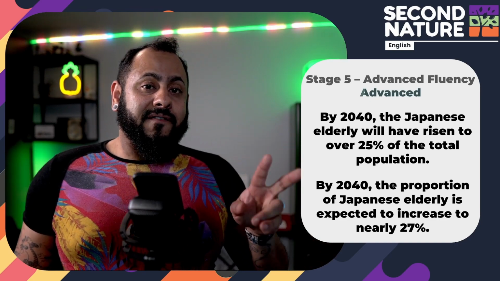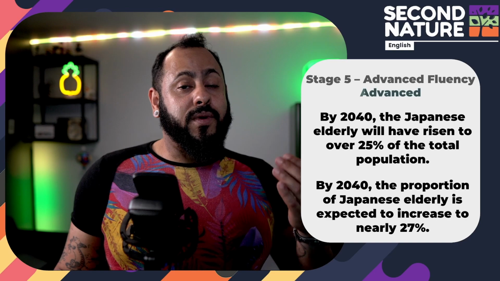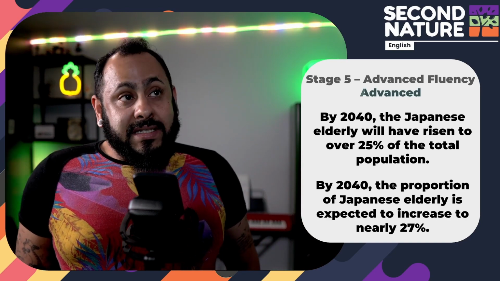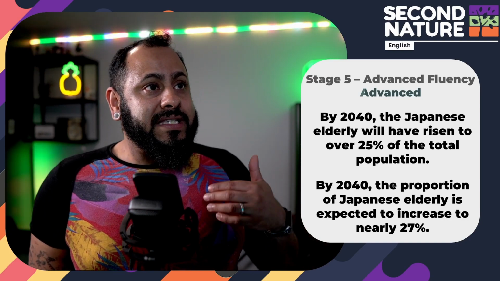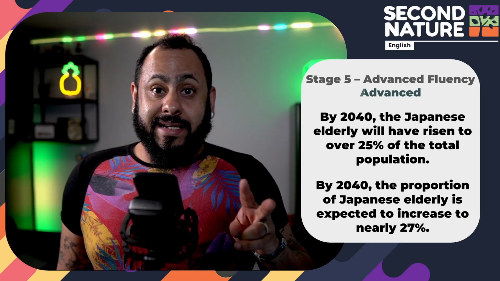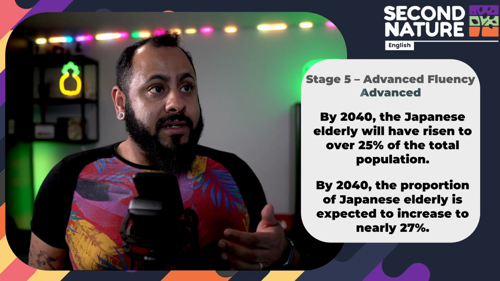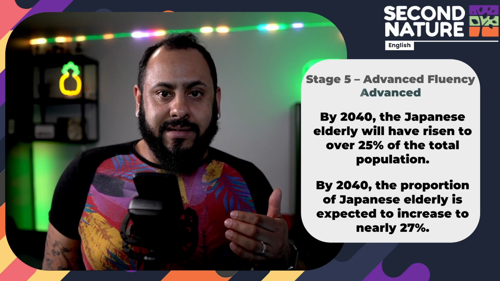So in this case, we have two different sentences as examples of advanced fluency when describing that data point. The first one: by 2040, the Japanese elderly will have risen to over 25% of the total population. The second example: by 2040, the proportion of Japanese elderly is expected to increase to nearly 27%.